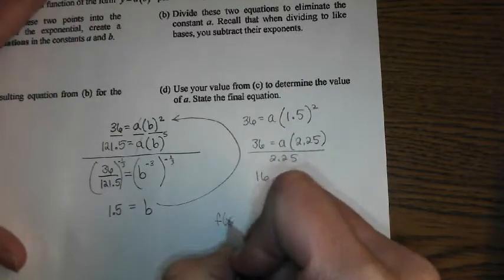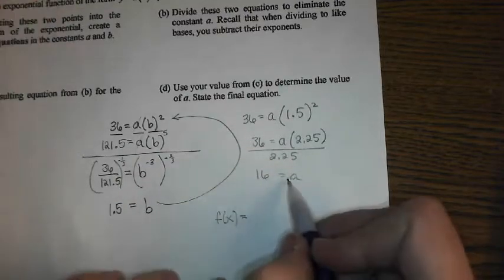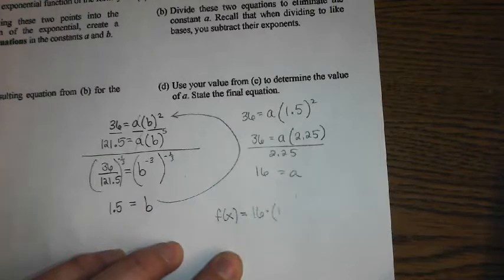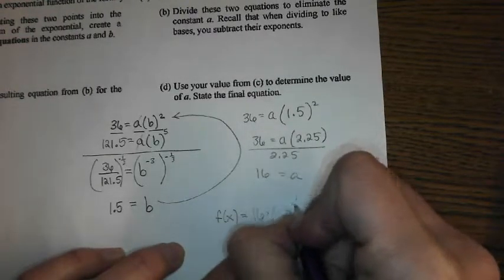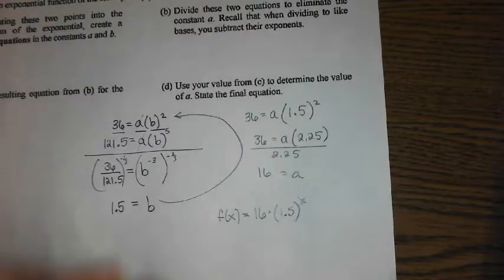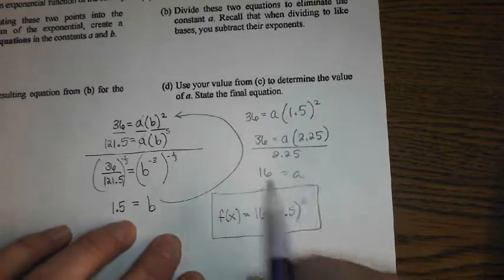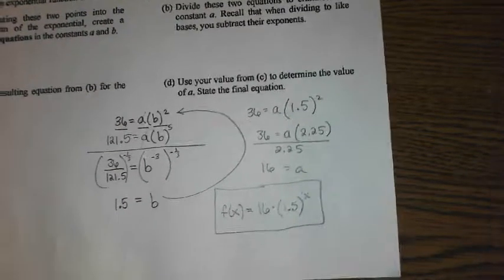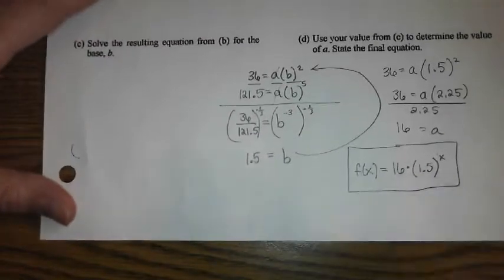F of x equals your A value of 16 times your B value of 1.5 to the x power. So what's my y-intercept? 16. What's my multiplier? 1.5.